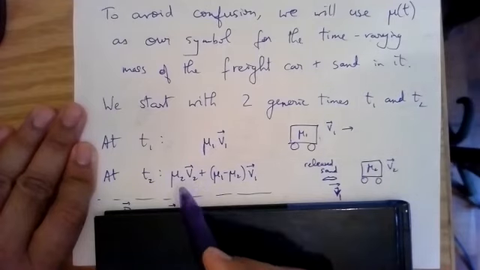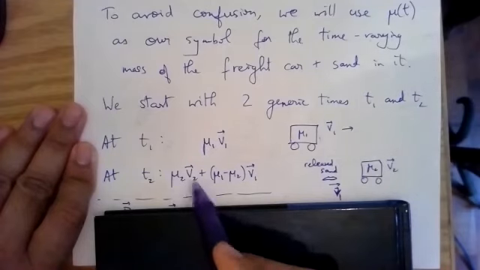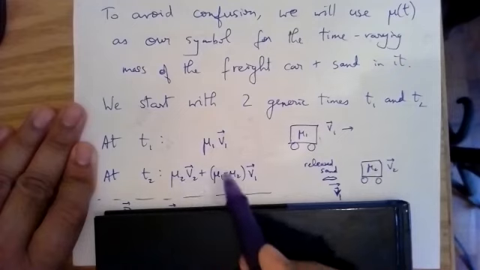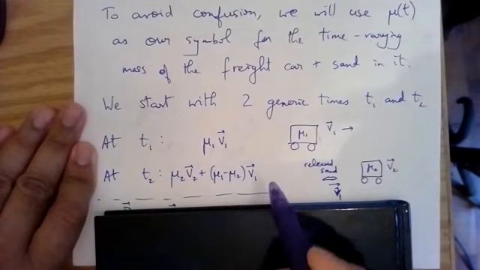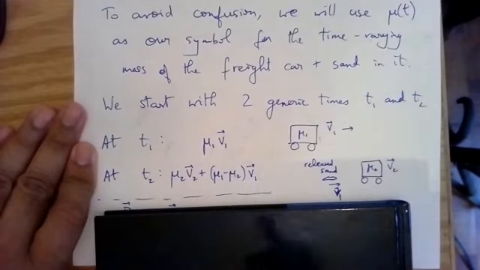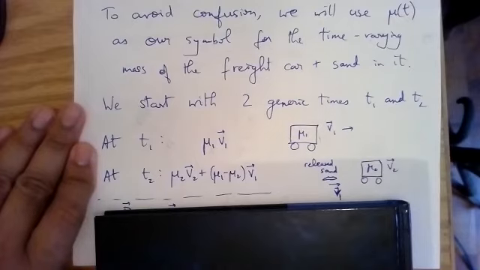And the momentum now is mu2 times v2. This is the contribution from the freight car. And mu1 minus mu2 times v1 for the contribution of the sand. Eventually, of course, the sand will hit the ground and come to a stop, but that is outside our purview because that's further external forces on the sand, and we really are just concerned with the freight car in the end.